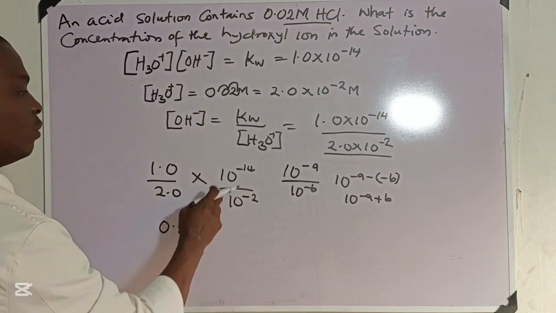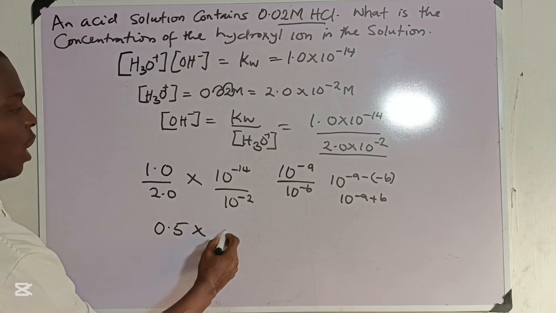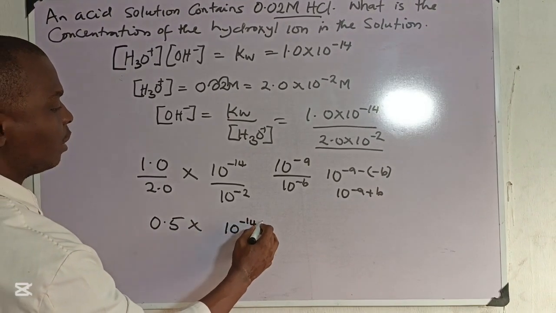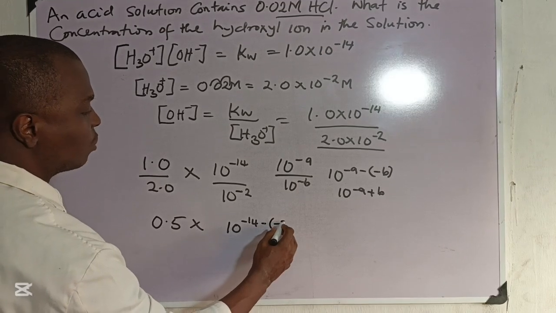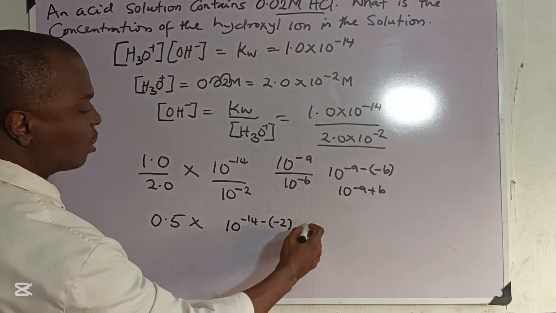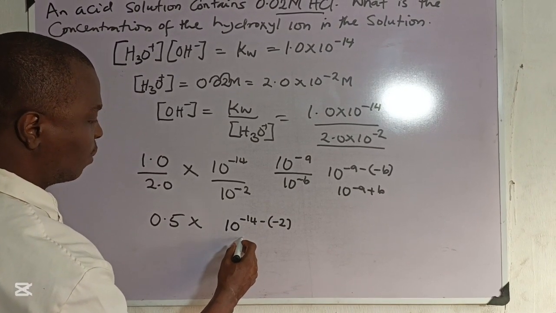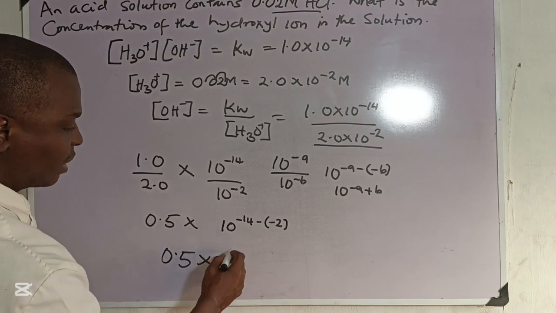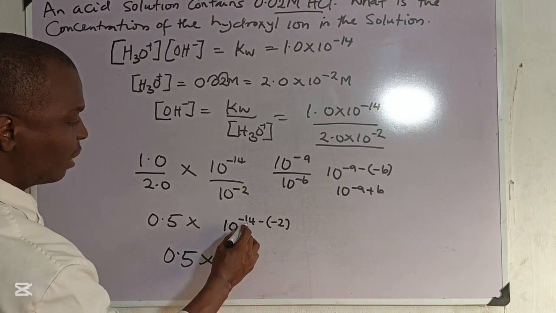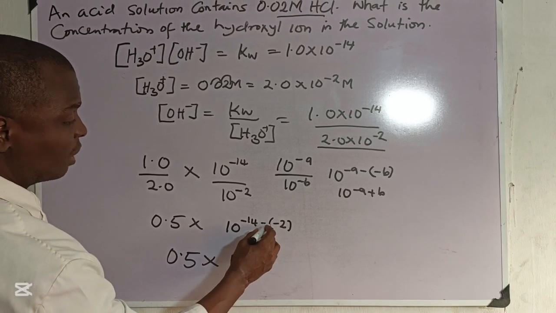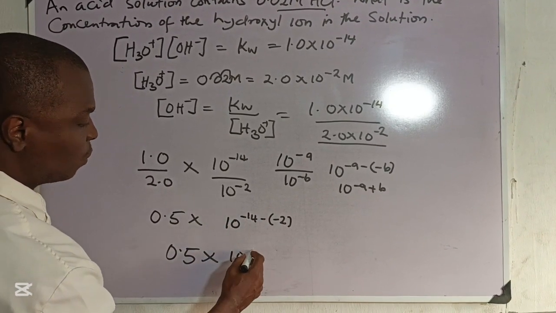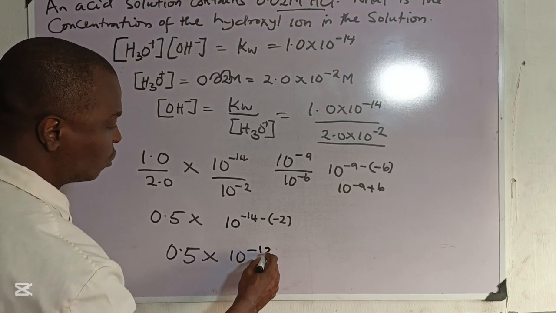Now, applying this in this particular expression, we will get 10 raised to power minus 14 minus 2. When we solve this further, we just bring down the 0.5 times 10 raised to power minus 14 minus 2. Minus 2 is plus, so that means minus 14 plus 2, which gives us minus 12.